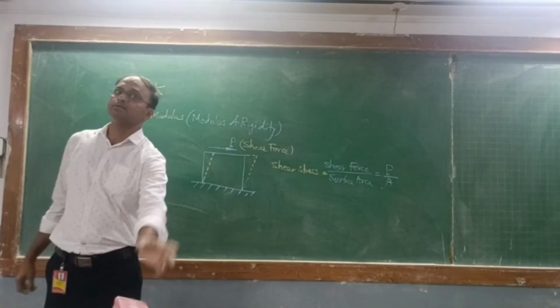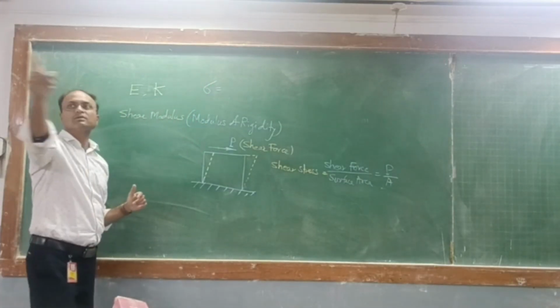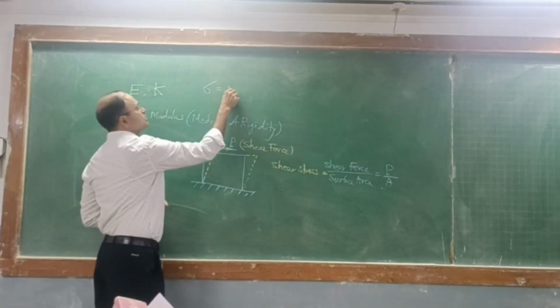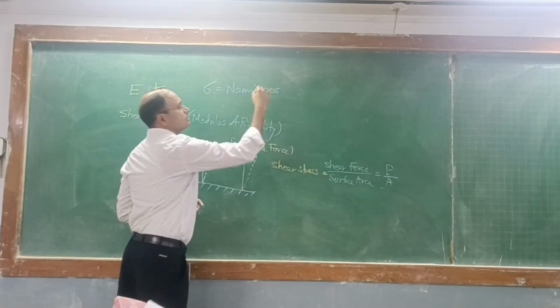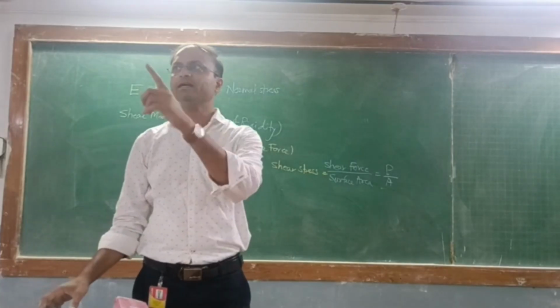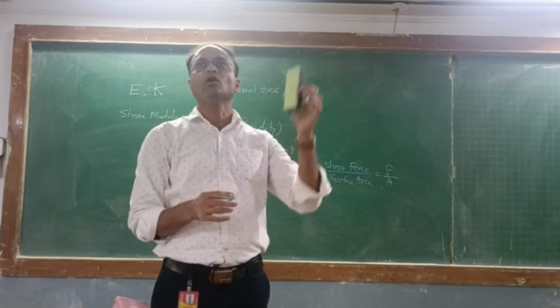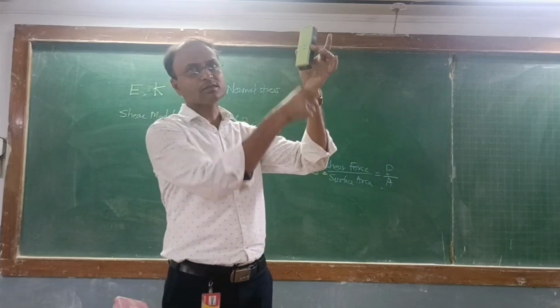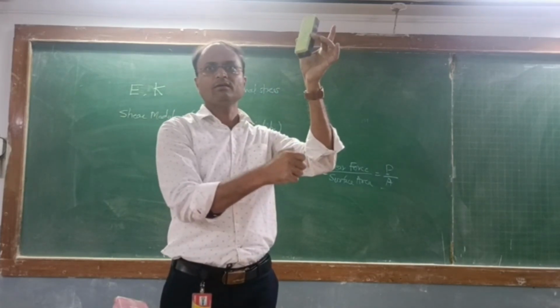But this is not normal stress. Sigma, whenever I say sigma, sigma कौन सा stress होता है? Normal stress. Sigma is called as normal stress. Normal क्यों बोलते हैं इसको? Why normal? Yesterday I told you the reason. Normal means when you apply force like this, the area is perpendicular to that force.